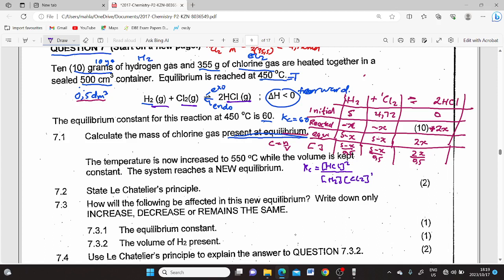So it's to the power 1, to the power 1, because the coefficient or the ratio is 1. Now, having the Kc like this, then we'll get the mark for that.